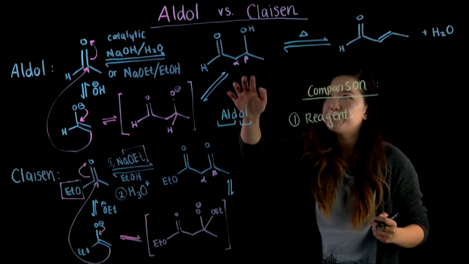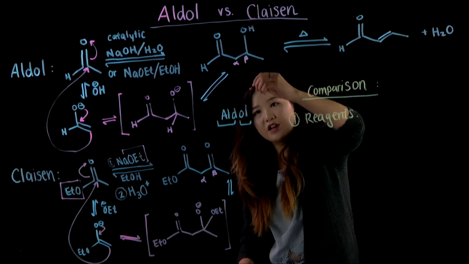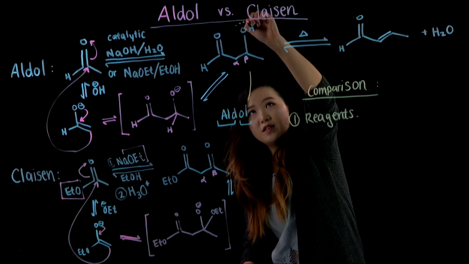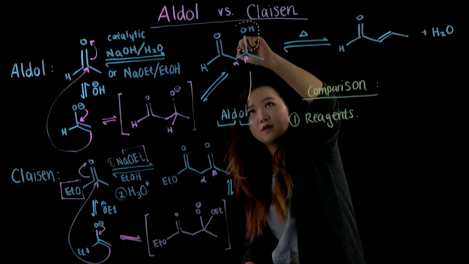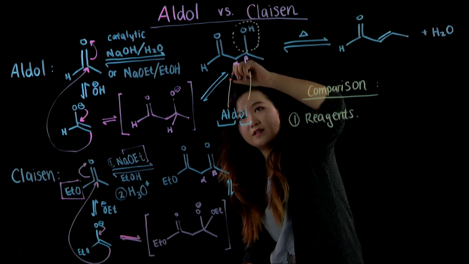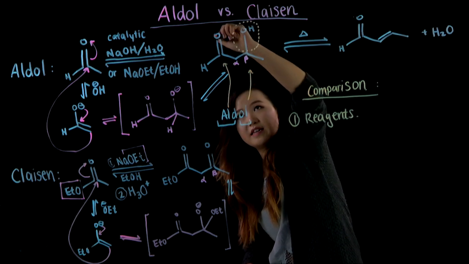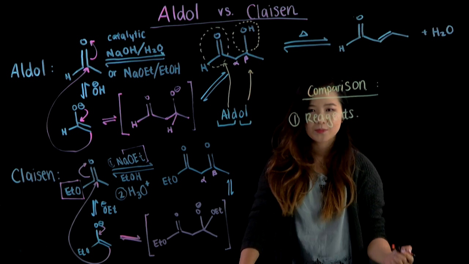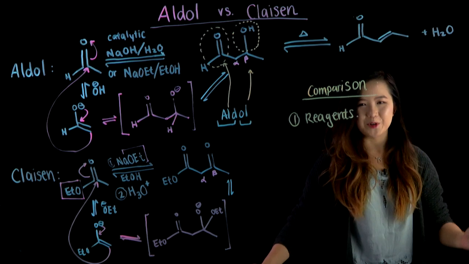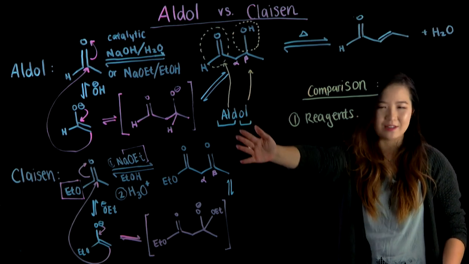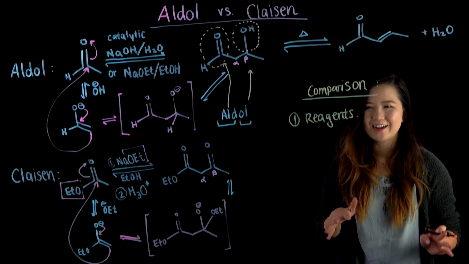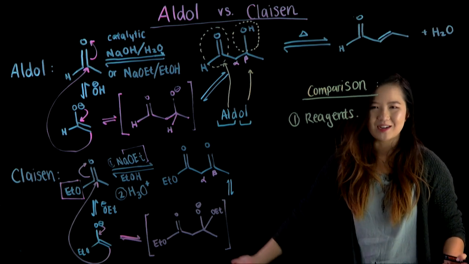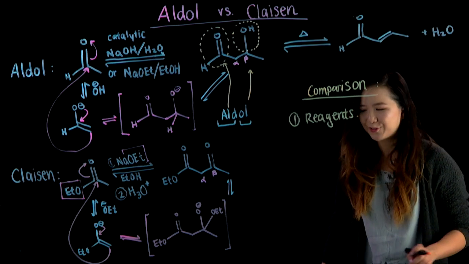So if you look at it, that corresponds with this alcohol group and the aldehyde group that is in your product. So if you're ever forgetting which reaction it is, just look to the name and that will help you differentiate. Now, Claisen is just named after a guy named Claisen, so just look at aldol for that.